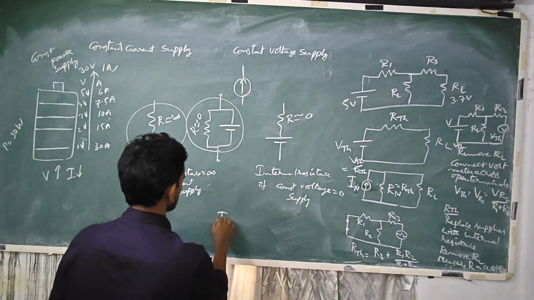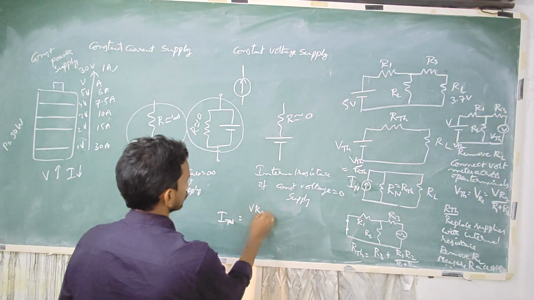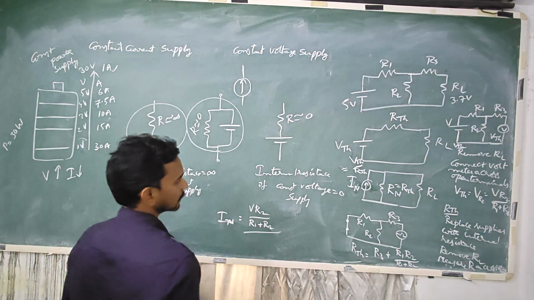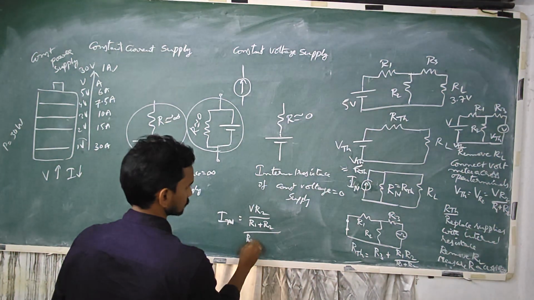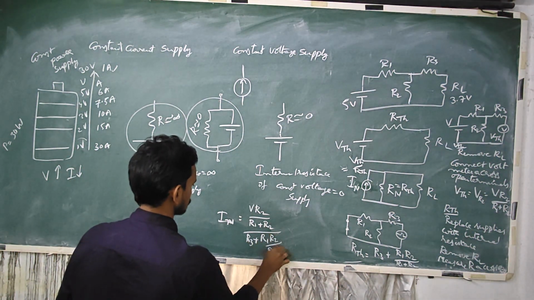So what is that? IN is equal to V R2 by R1 plus R2, divided by RTH, which is R3 plus R1 R2 by R1 plus R2.